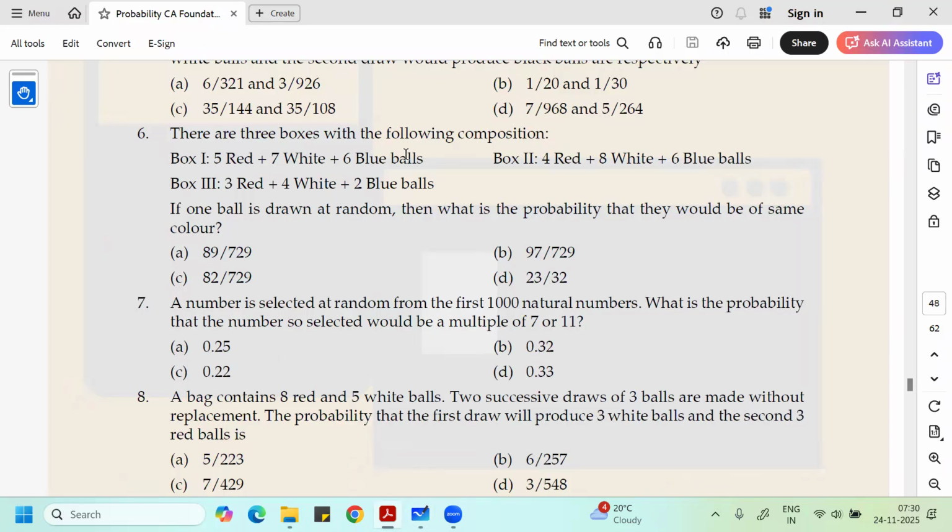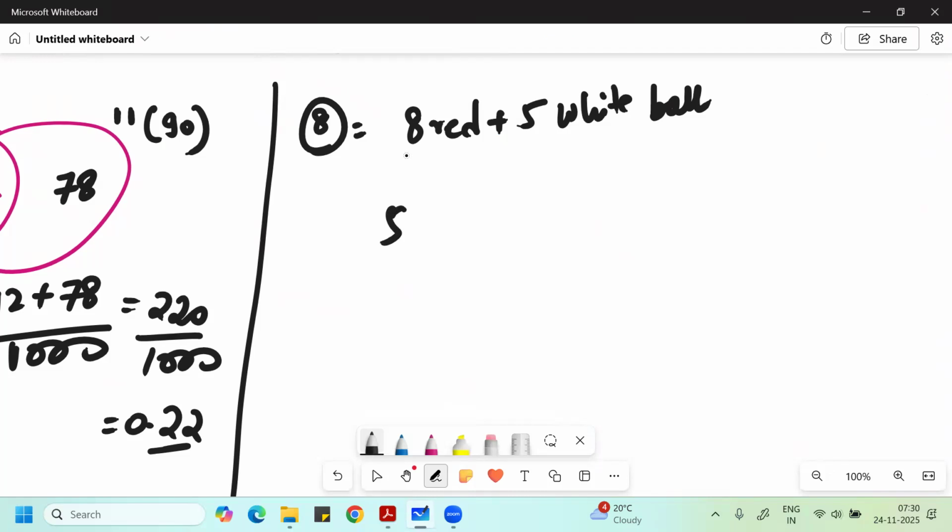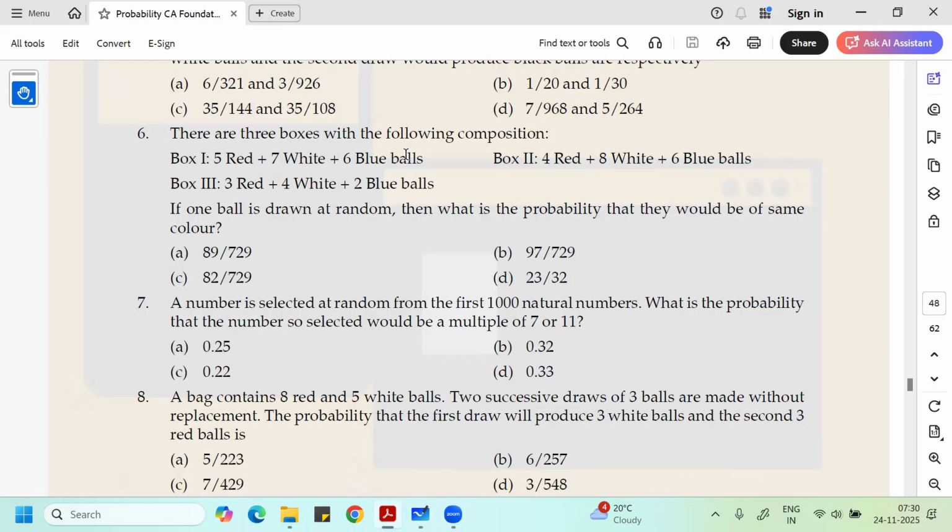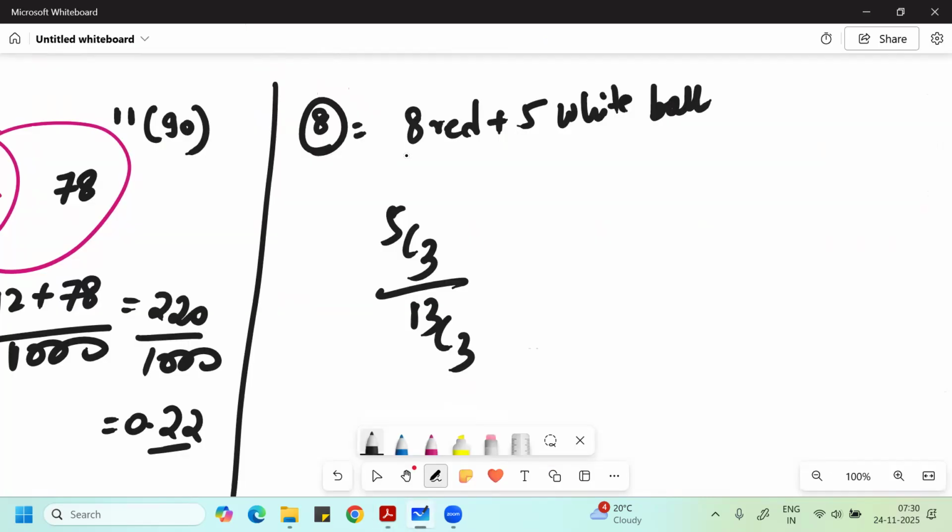Two successive draws of 3 balls are made without replacement. So you're drawing three balls successively. What is the first draw? Three white balls, 5C3 by 13C3, without replacement, and the second, three red balls without replacement.